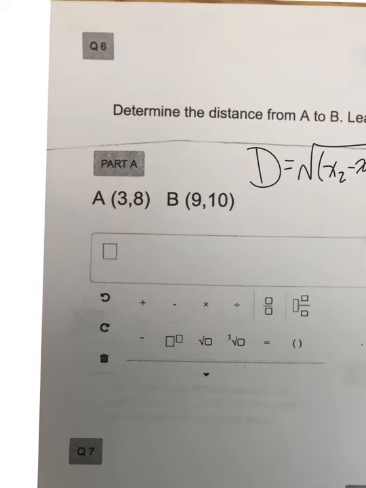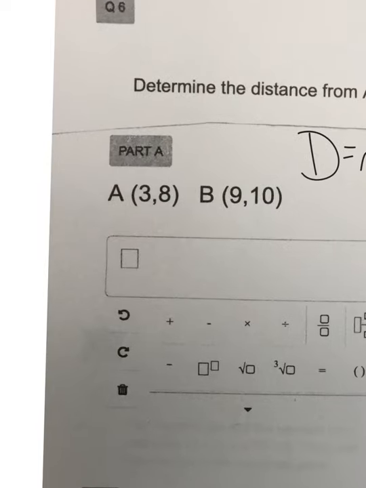So I can label my x's and y's here on my points. Then I'm just going to choose A to be number 1 and B to be number 2.